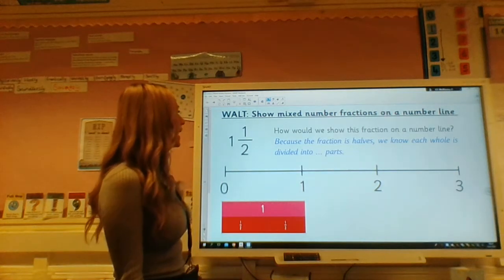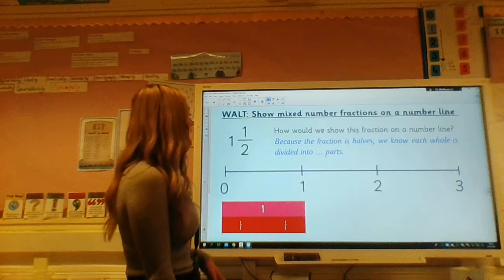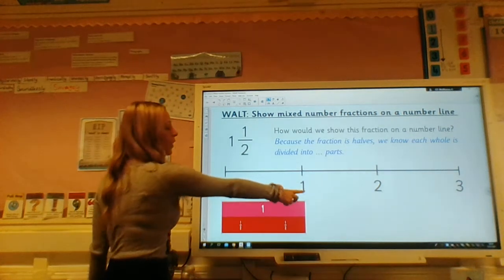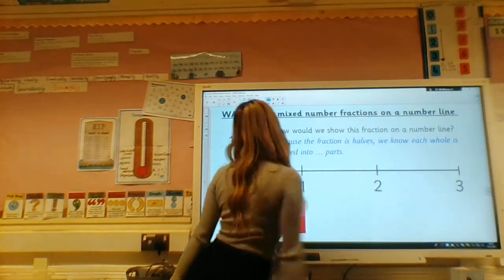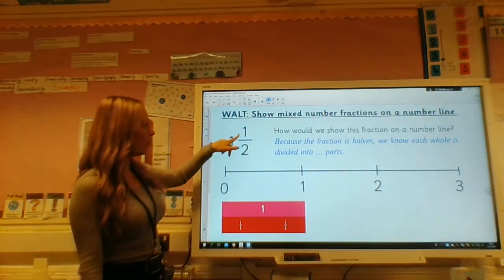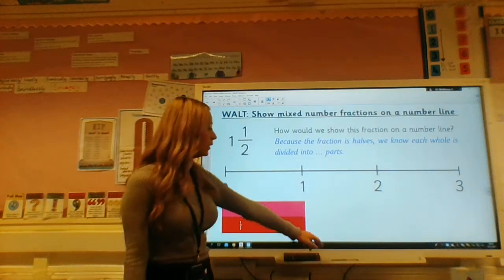So we're still looking at mixed number fractions, but today we're going to look at it on a number line. Here we've got a number line, so we've got 0, 1 whole, 2 wholes and 3 whole numbers. And we want to see where 1 whole and 1 half goes on the number line. So if you look, here is 1 whole.